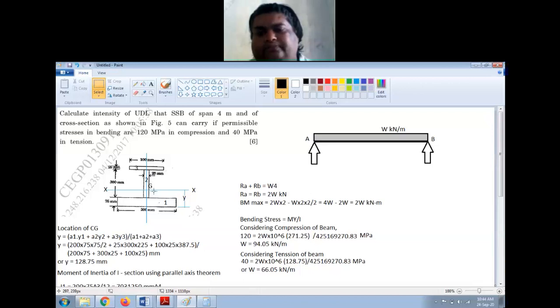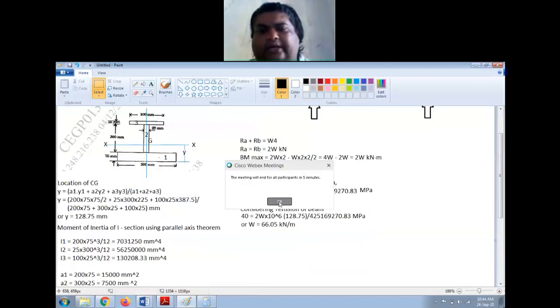So for this reason, if I use a lower load, now if I put W as 66.05 kilonewton per meter, then definitely compressive also will be safe. The beam will be safe in compression as well as in tension. Is that clear? So we have to use always the lower value, not the higher value.